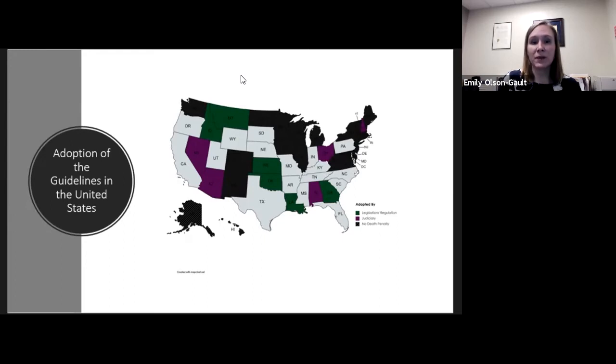So this is something to be aware of when trying to implement the guidelines or a set of guidelines within your own system, that it isn't just a one-way movement where you can get the guidelines adopted and then walk away and never have to work there again. It's an ongoing process of reminding the courts and the lawmakers and the lawyers that the guidelines are important and continue to be relevant.